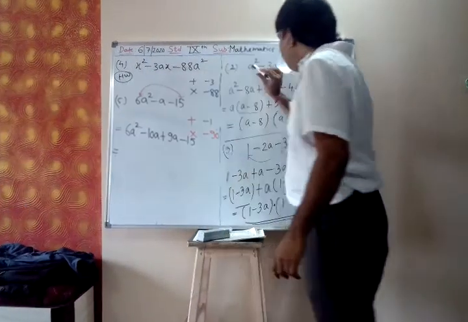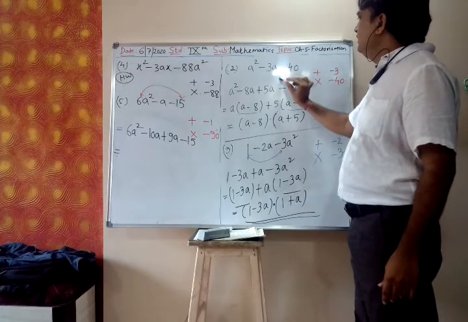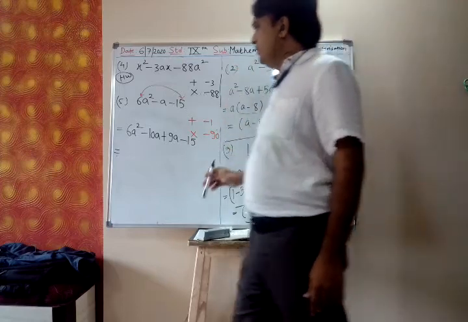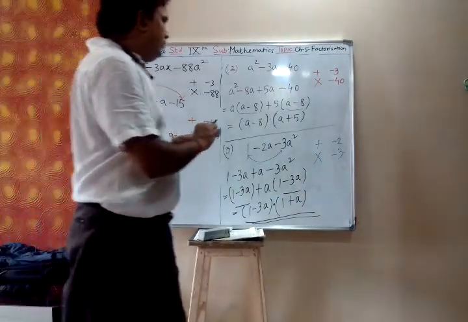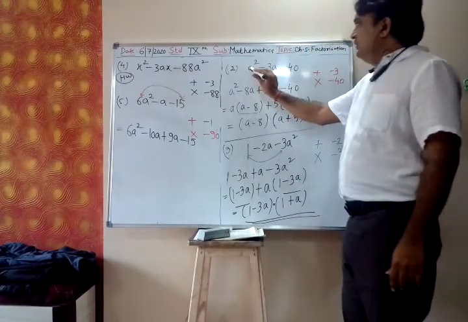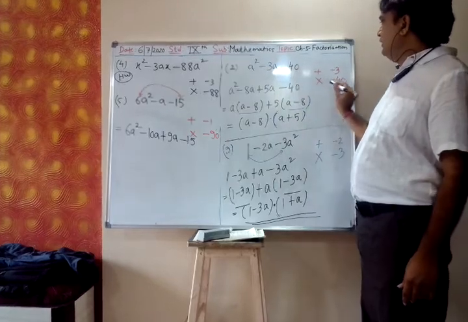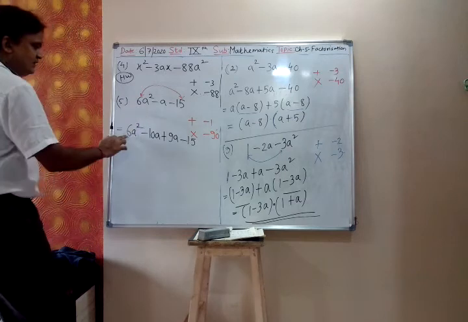When coefficient of a square is 1, I will take directly the last term. But here coefficient of a square is not 1, it is 6.